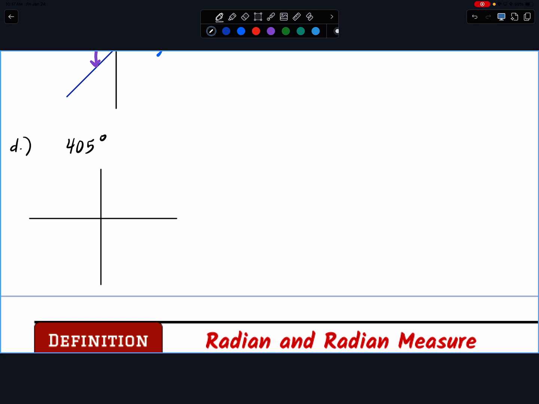It's over 360. So when we do this angle, it's positive. I need to go all the way around and then think about how much more rotation I would need.